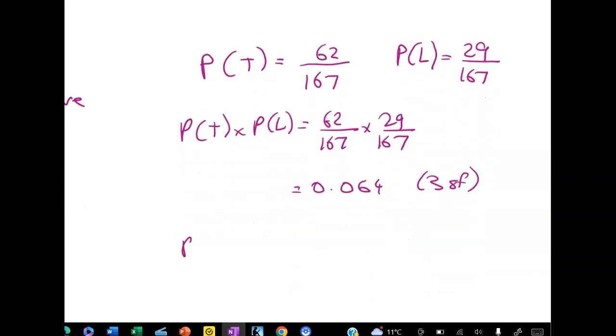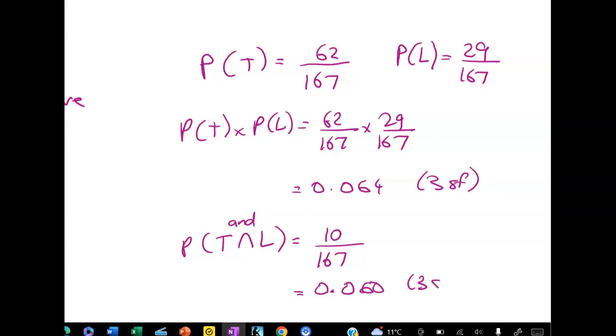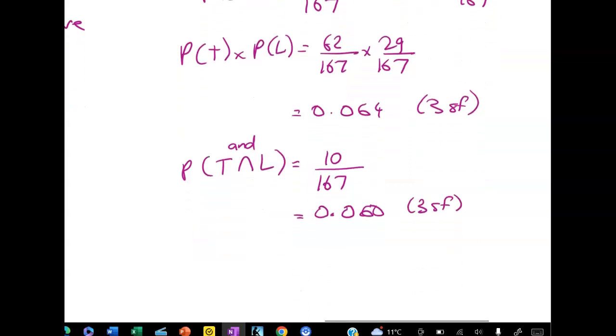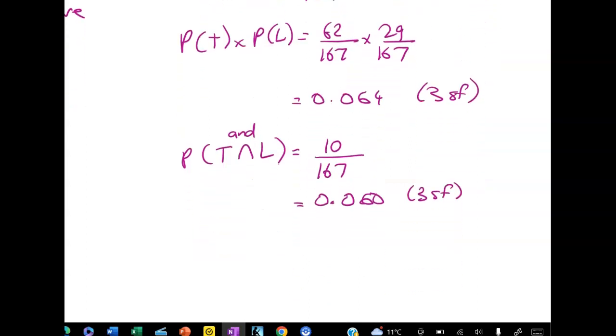Now we're going to compare that to the probability of having both of those things happen, taking tech and taking a language. And there are 10 students who do that out of 167. So that's equal to 0.060 to 3 significant figures. I'm going to 3 significant figures because that's kind of the convention with what we do in probability calculations.